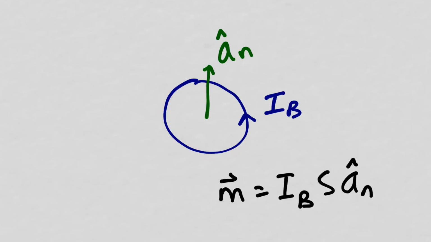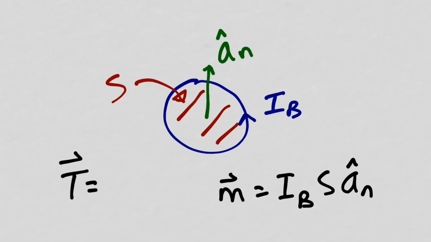So we have some area here, S, bounded by our bound current I sub B. So the magnetic dipole moment for each individual atom will be this bound current times the surface area, and the direction will be determined by the right-hand rule: the fingers of your right hand in the direction of the bound current, your right thumb pointing in the direction of the magnetic dipole moment, designated by this unit vector a sub n. If we place this atom in a magnetic field, it's going to experience a torque given by m cross B.